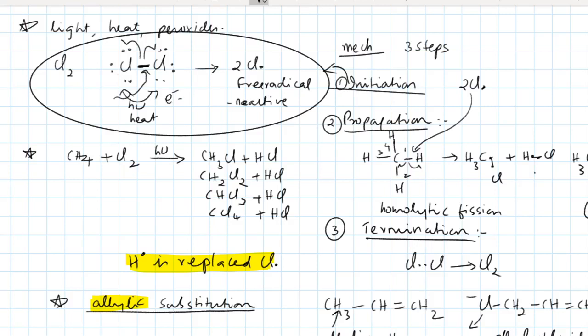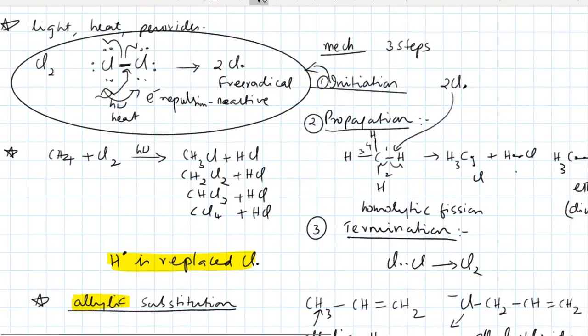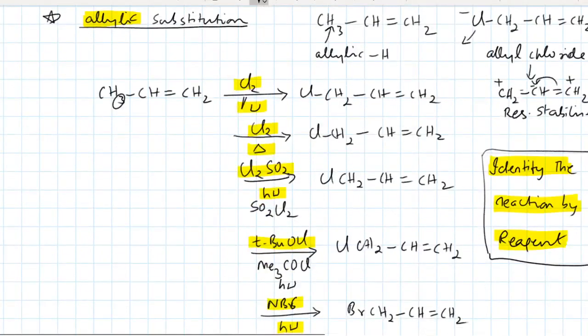So this electron repulsion will be taking place inside this molecule, and when we supply heat and a little bit of light energy, then it breaks and forms a free radical due to homolytic fission.